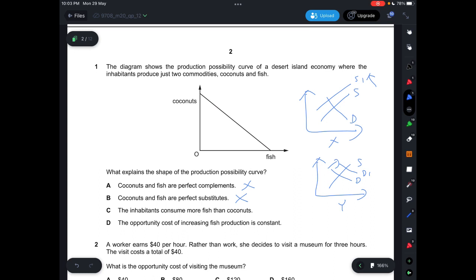Option C, the inhabitants consume more fish and coconuts: this graph doesn't give values, and there's no exact way to prove that the inhabitants consume more fish and coconuts, because the PPC shows the maximum combination of two goods that can be produced in an economy. It's not the consumption. And so the answer should be D: the opportunity cost of increasing fish production is constant because of the constant opportunity cost. So it should be D.